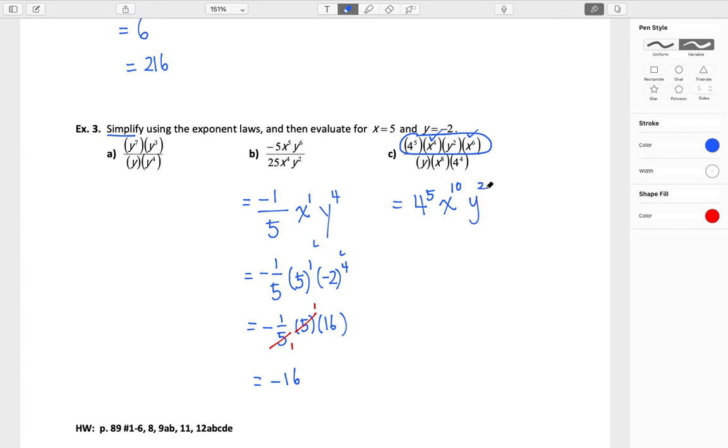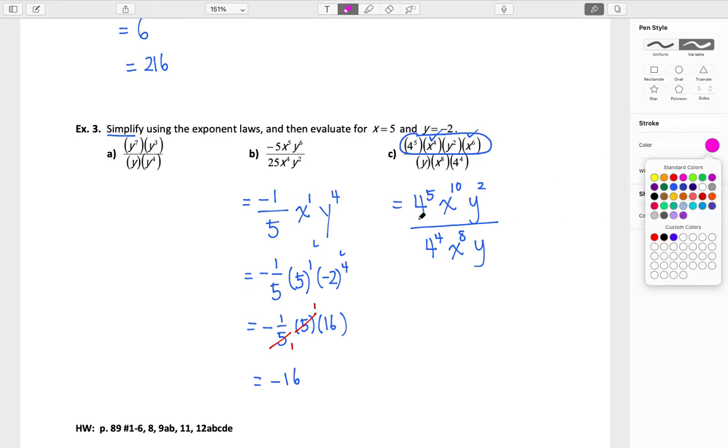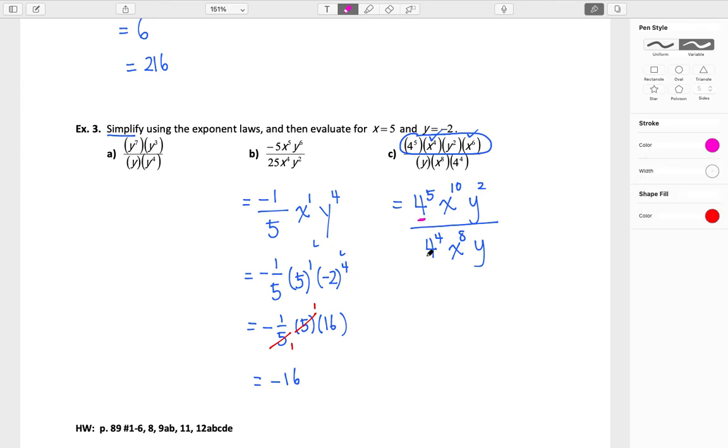And then y squared. Over here, we don't have any like terms. So I'm going to put 4 to the 4 first, and then x, trying to put it in alphabetical order, and then y. And then after, we can collect the like terms with 4, these two, and then we have x and y.